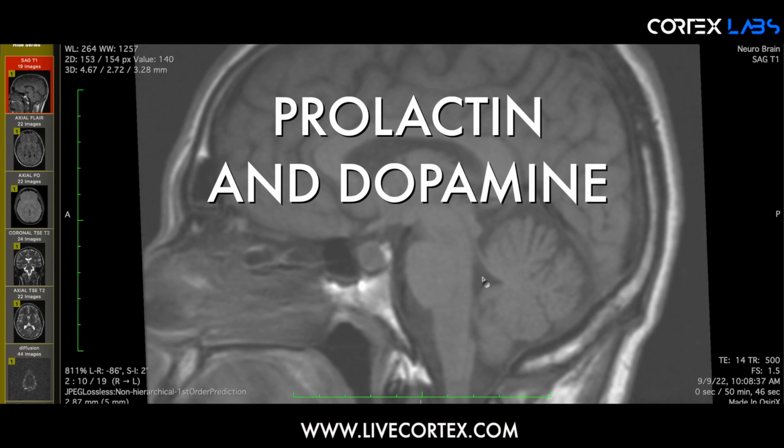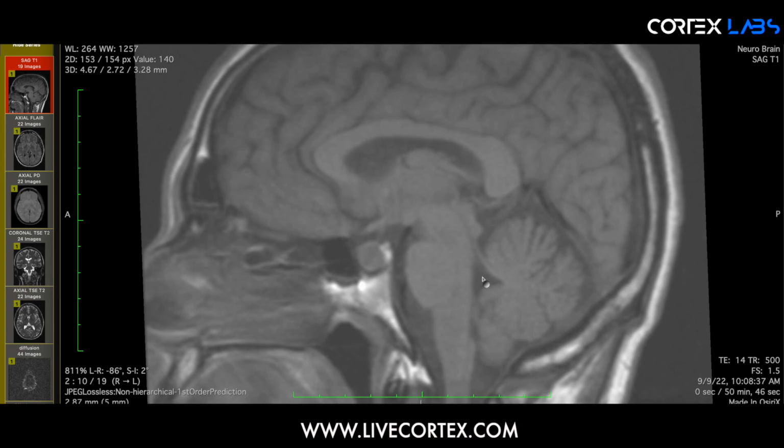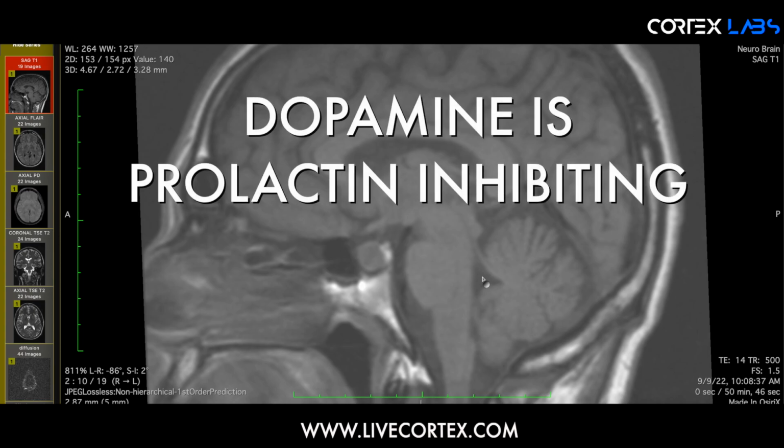Dopamine and prolactin have a very, very interconnected relationship. And this is basically how the relationship works. Dopamine itself is prolactin inhibiting. It is in the medical literature actually referenced as the prolactin inhibiting hormone.